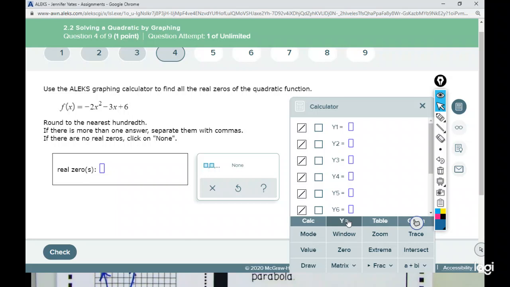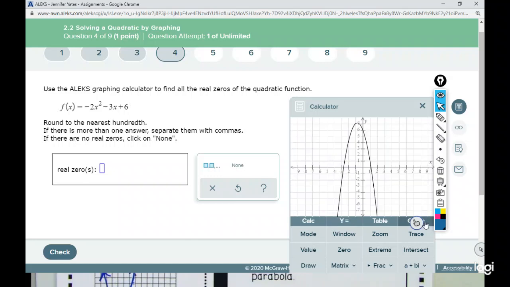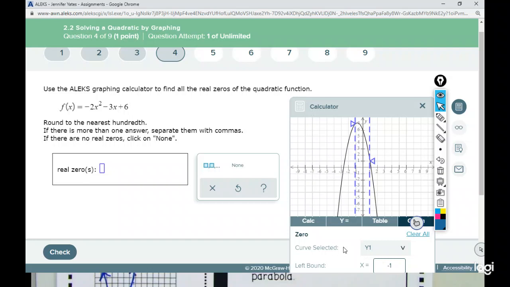Whoops. Goodness gracious. All right, I've got it in there. I'm going to hit graph. I want to find the zeros.